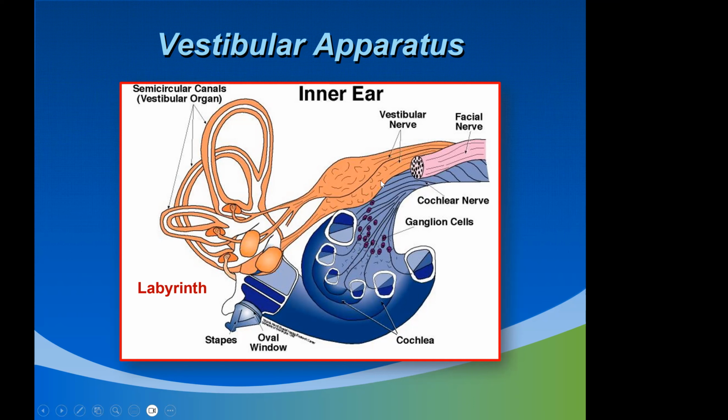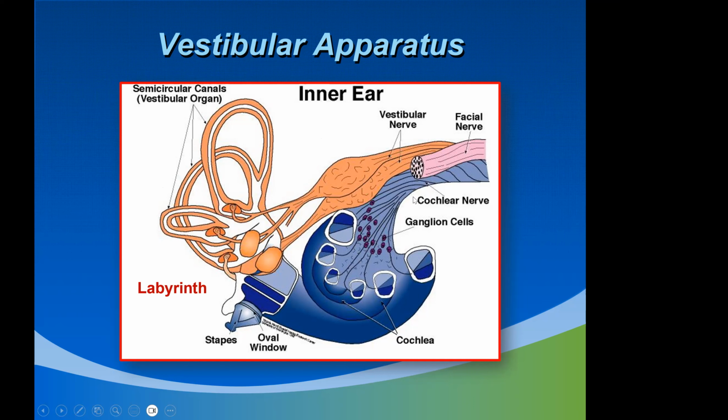As you can see here, this is the vestibulocochlear nerve, and it has two components, the vestibular component and the cochlear component. They are joined together to form the eighth nerve, or the vestibulocochlear nerve, which goes in very close proximity to the seventh nerve, or the facial nerve.